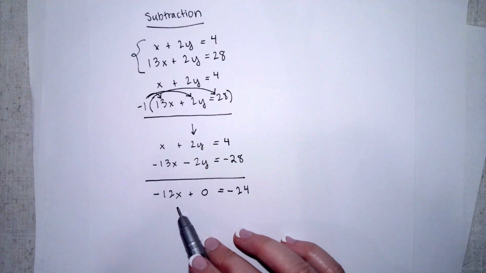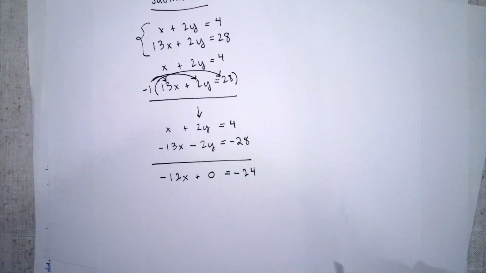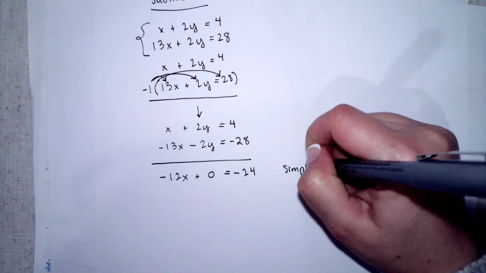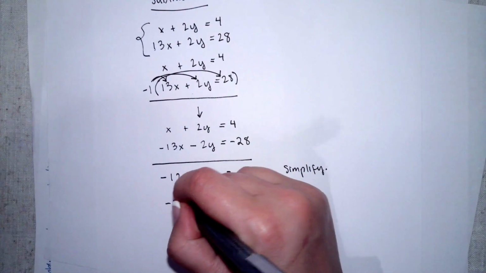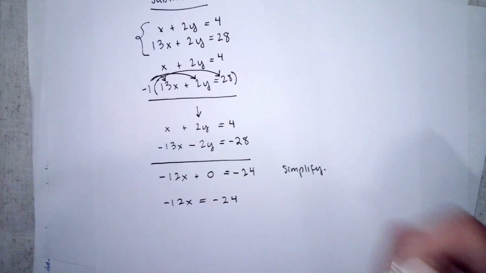Okay, so we have one variable, and that variable is the one we're going to find now. So we're going to simplify this. Let's see, so -12x equals -24.